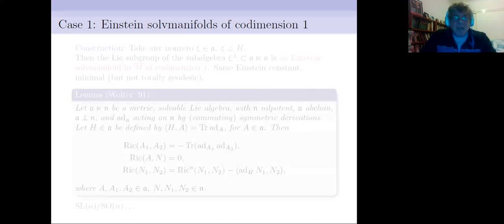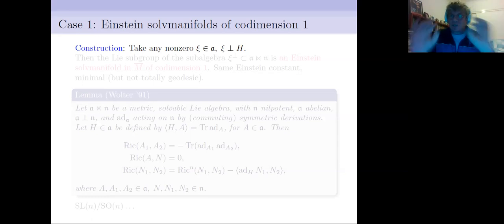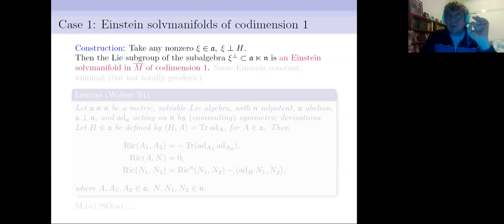And now here is the construction. We take any non-zero vector psi from A, which is perpendicular to H. H is sacred. We are not allowed to touch it. We take anything which is perpendicular to H, and then we take the orthogonal complement of this psi. And we get a codimension 1 subalgebra, not an ideal of course, but a subalgebra of A semi-direct with n.